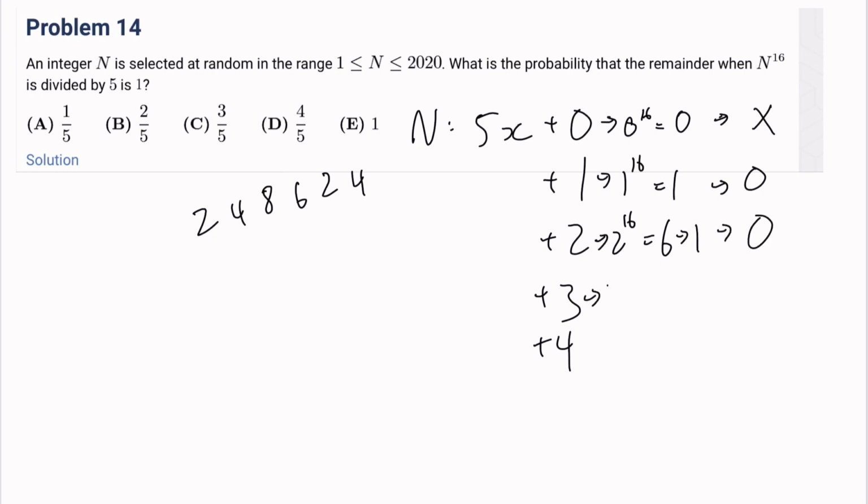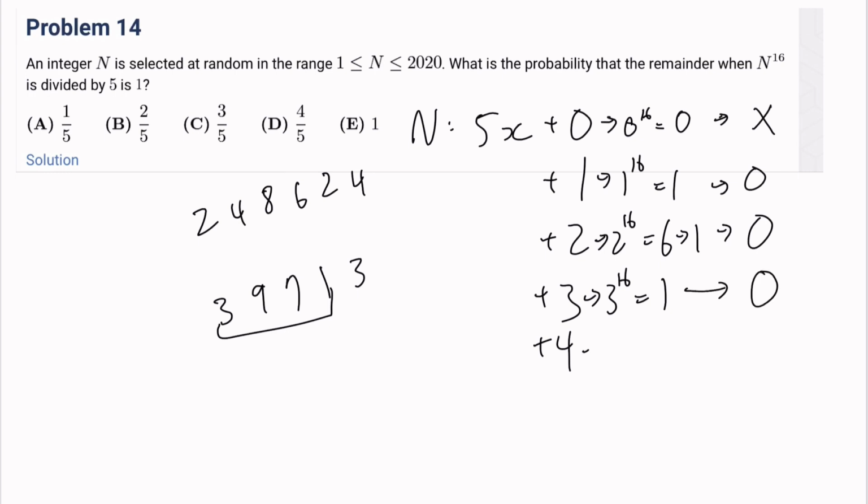For 3, 3 to the 16th power, and the same thing we did with this: 3, 9, 27, 81, and then times 3 again. Okay, so this is a 3, 9, 7, 1 cycle. So this is 1, right? Because 16 is a multiple of 4, so that one also counts.